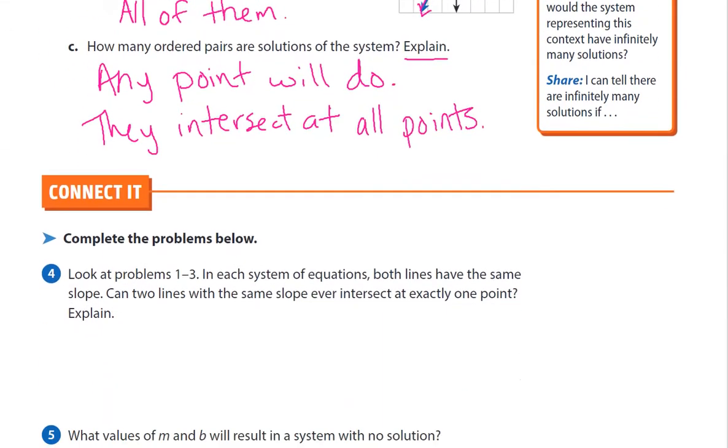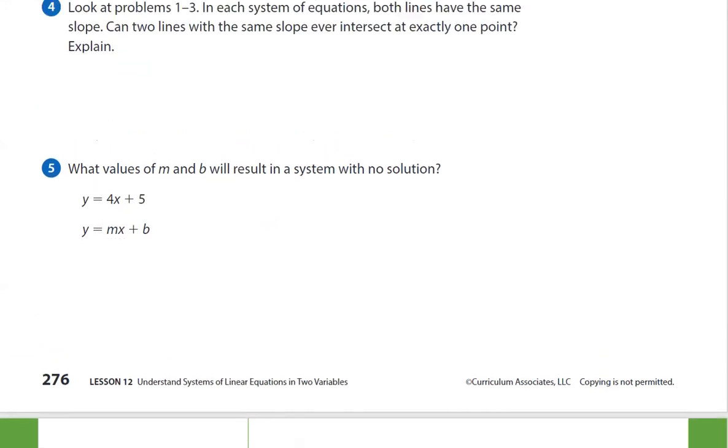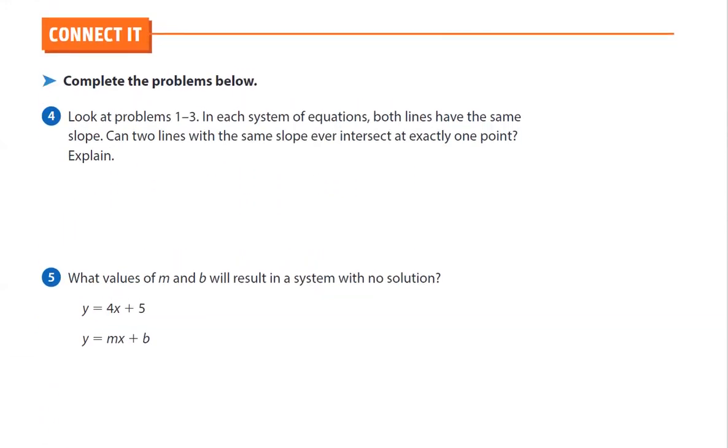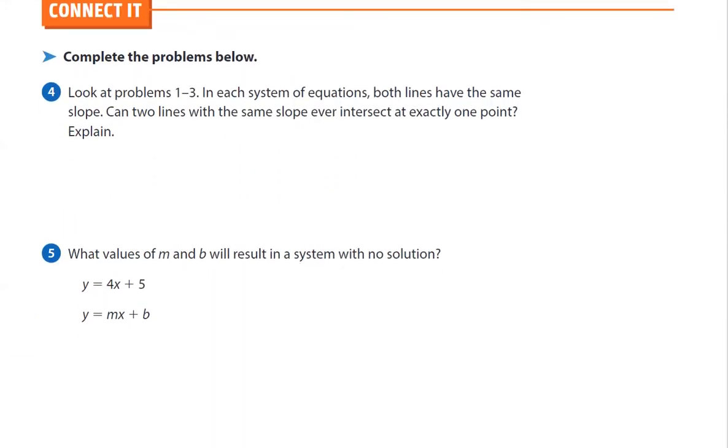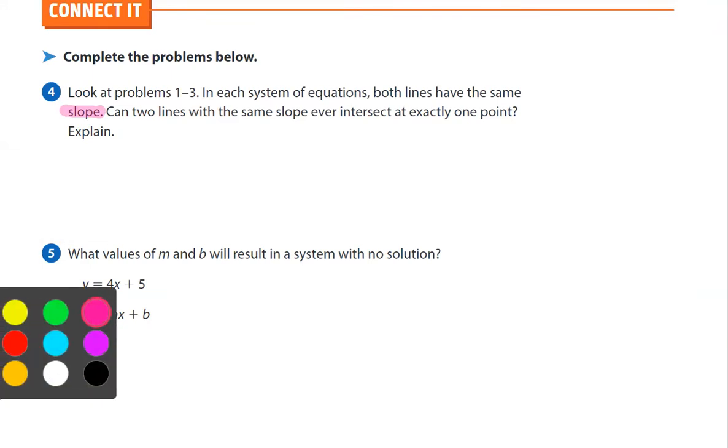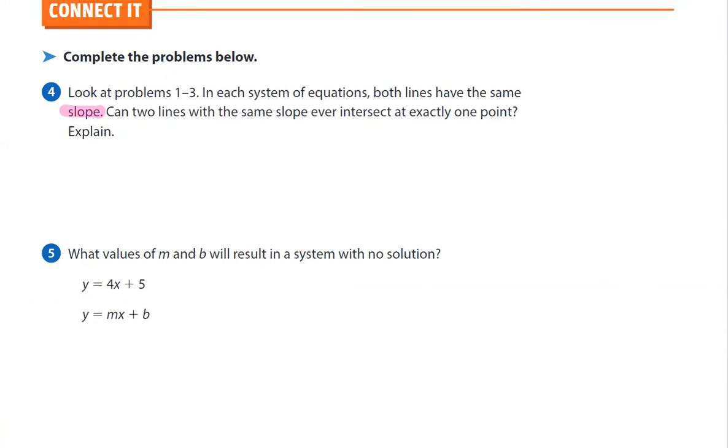Okie dokie. And they just snuck in 2 little practice problems here for us. Look at problems 1 through 3. In each system of equations, both lines have the same slope. Can 2 lines of the same slope ever intersect at exactly 1 point? Well, I think we already went over that, didn't we? But we should word it again to make sure we have it.